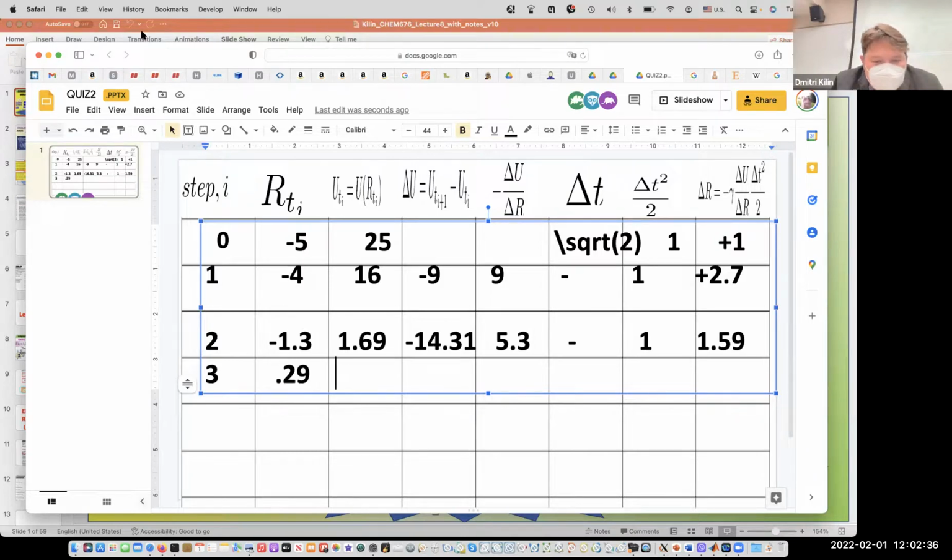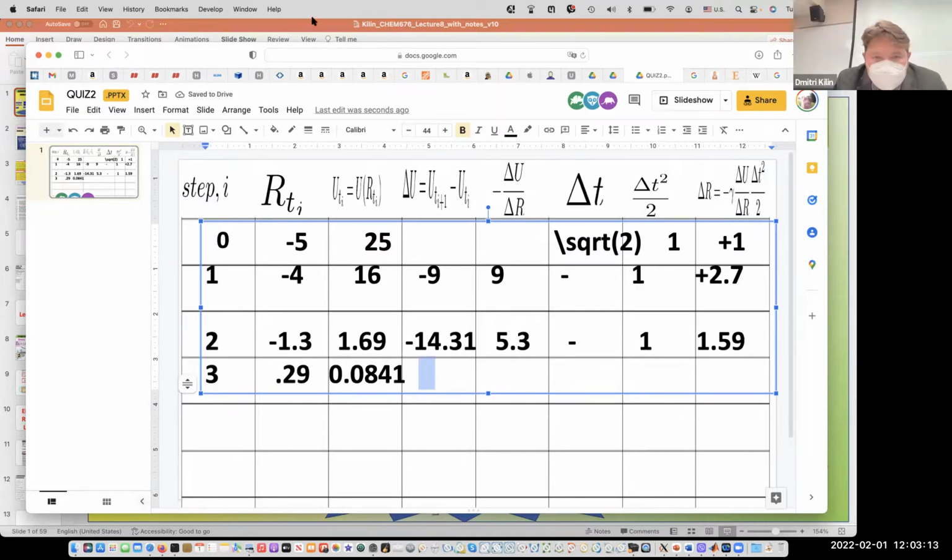Next on my screen is Said. Said, what would be 0.29 squared? Use the calculator. 0.0841. Okay.